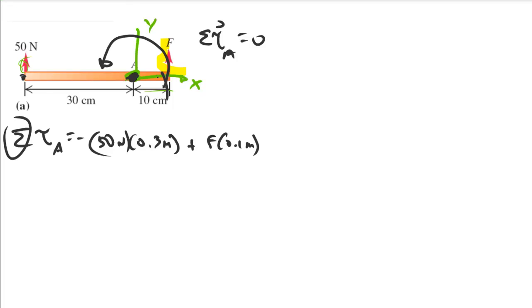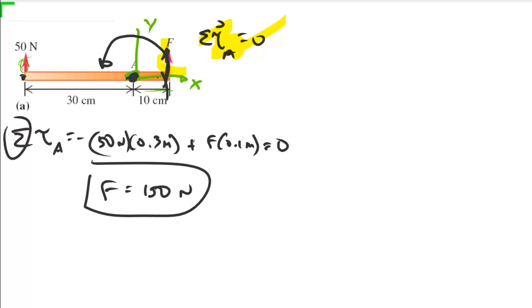And this equals 0, because if it's in rotational equilibrium, the sum of the torques around any point, in this case point A, is equal to 0. Solving this, the magnitude of F is equal to 150 newtons. The direction is given in the free body diagram here.